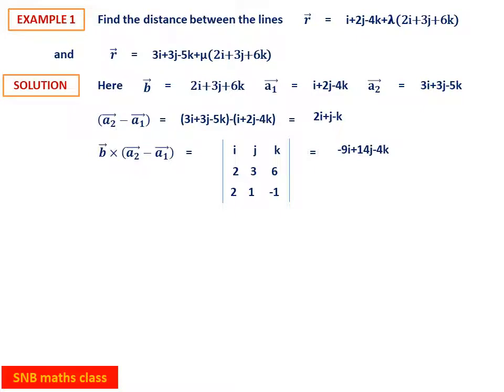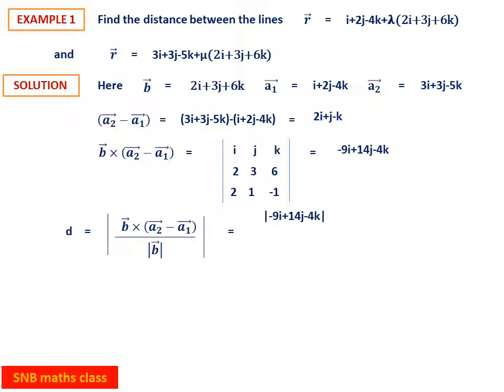Simplify this determinant. So I have directly written it is minus 9i plus 14j minus 4k. So this is the cross product. Now what is the formula? D equals, now it is very simple, magnitude of B cross A2 minus A1 divided by magnitude of B, just substitute.